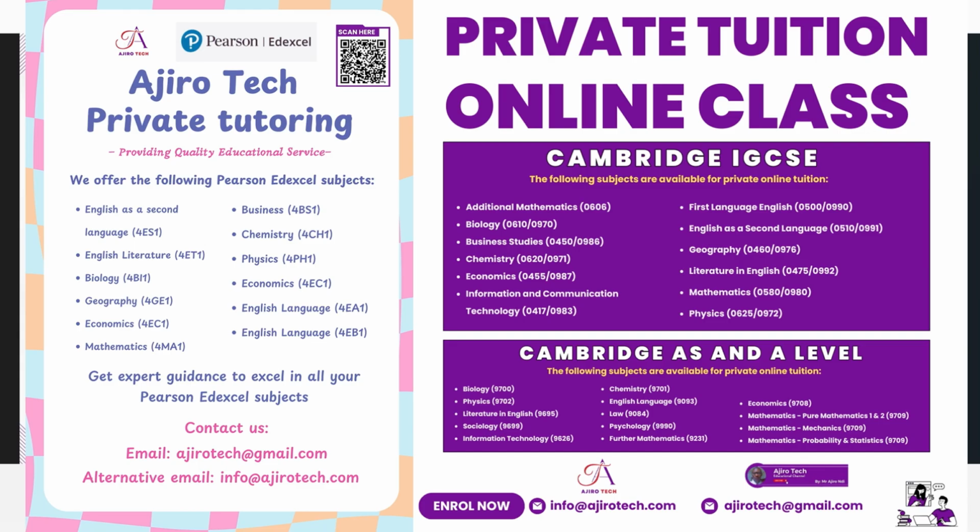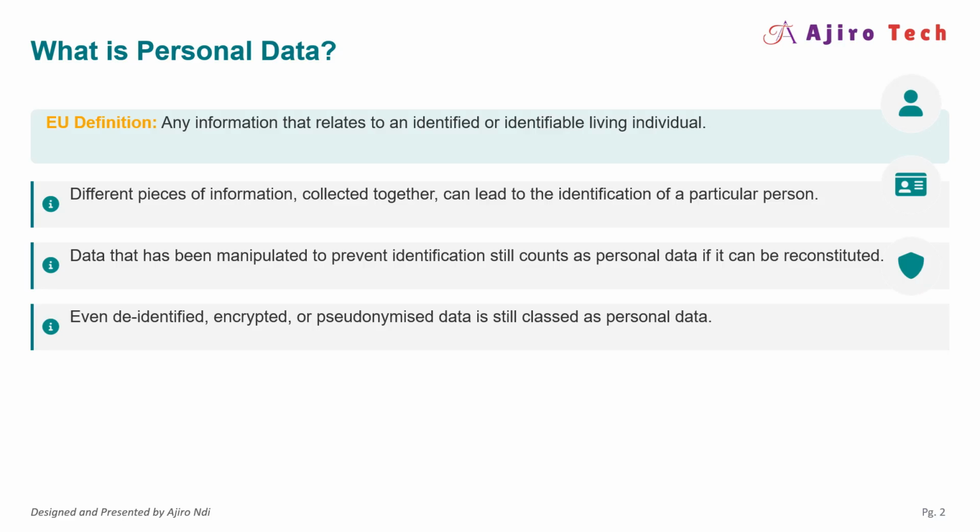Okay. So the first thing we look at is, what is personal data? Now, when we look at personal data, one useful definition is the one provided on the European Union website.